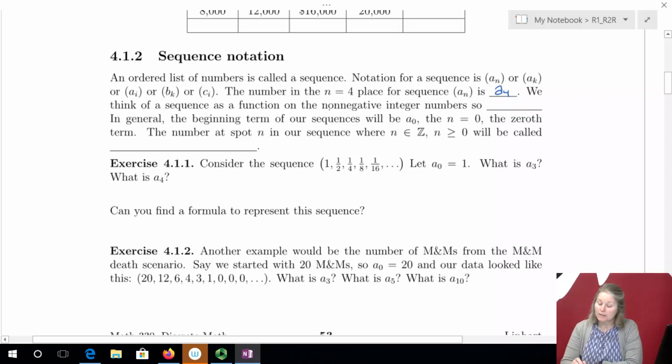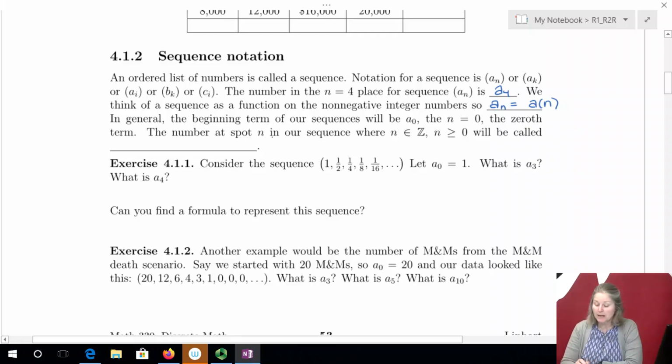We think of a sequence as a function on the non-negative integer numbers, so we think of a sub n as being a function of that n. In general, the beginning term of our sequences will be a sub 0, n equals 0, or the 0th term. I will often say that's the first term rather than the 0th term, but we know that should be a sub 0.